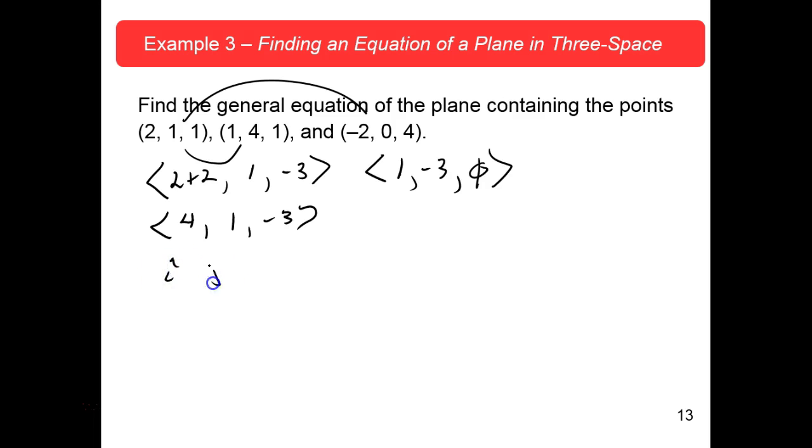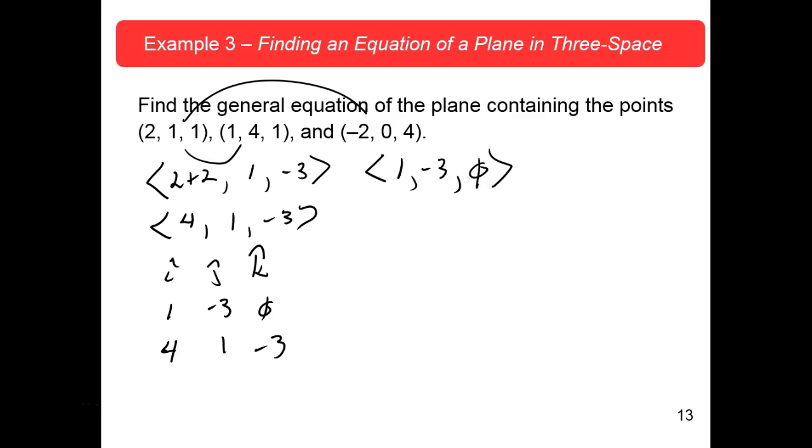I, J, K. I don't know if this is how you did your cross products. Set up a determinant. Yes, okay. I, J, K, and then write, it doesn't matter which order we do, 1, -3, 0, and 4, 1, -3.